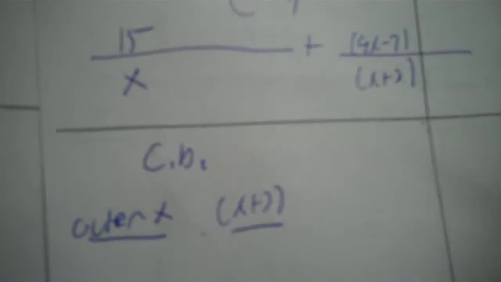Now your denominators, down here you have an x, it is not in parentheses, so you write outer x. That means that's an x not in parentheses. Now you have parentheses of x plus 2, and here you got nothing. So outer x, you got 1 here, you have none here, that x is inner, okay, so 0, and then none here.